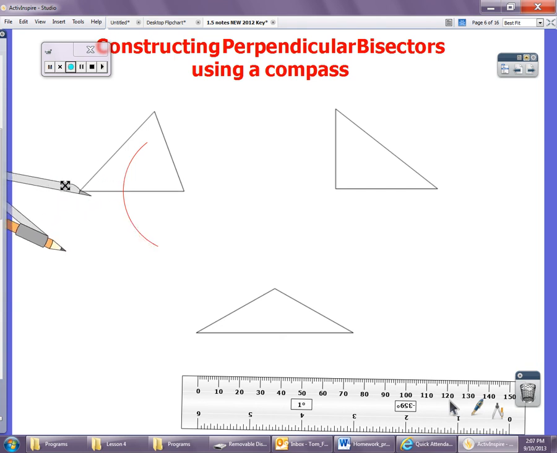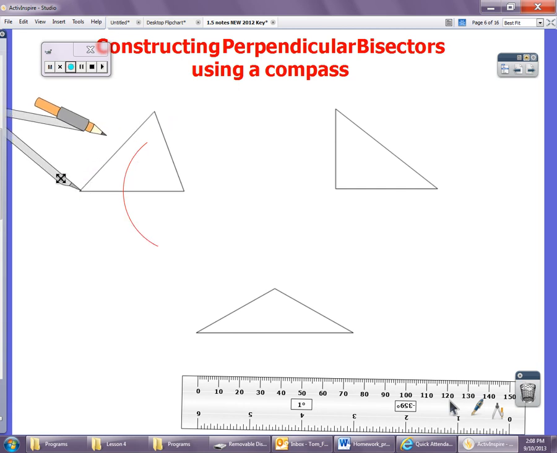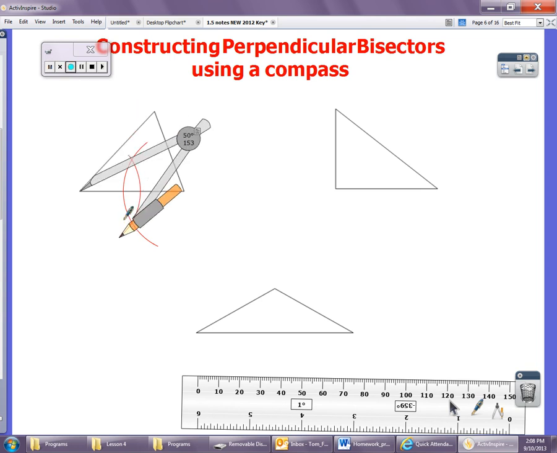And then what I want to do is do the same thing, but I want to reflect it, so I'm going to flip it. I'm going to start on this one, and now I'm going to draw my arc here. So I know it's going to cross through there and cross through there.